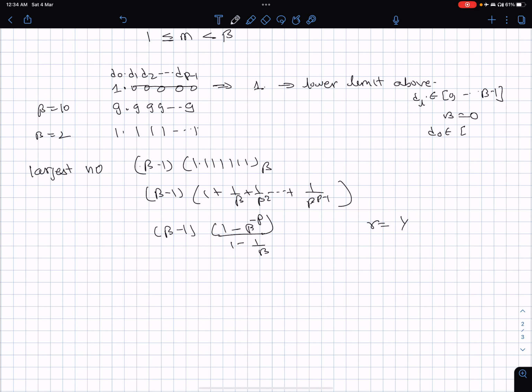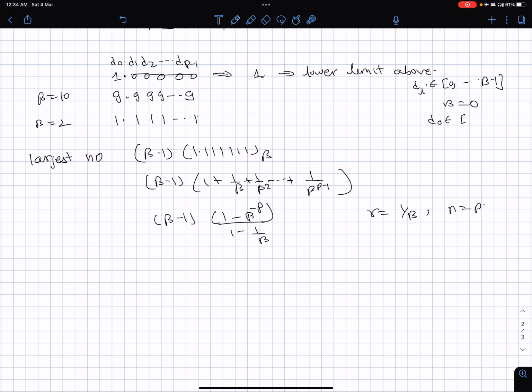The geometric series has ratio r and the number of terms is p, so this largest possible number will come out to be this, which, if you simplify, is beta minus 1 by beta. So beta minus 1 will cancel, and beta will go upstairs.